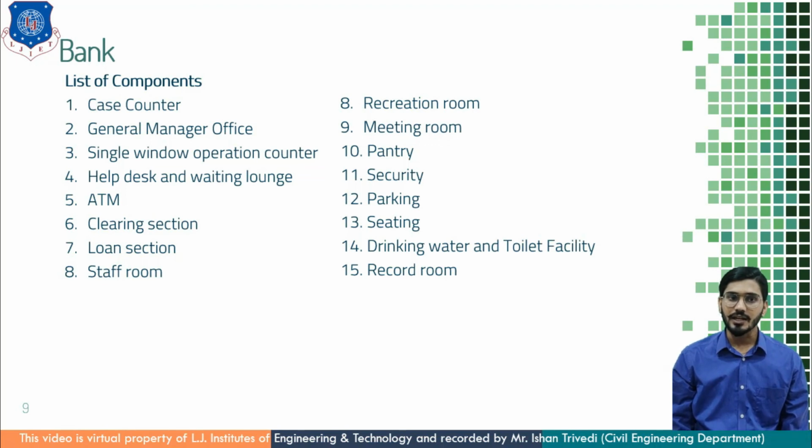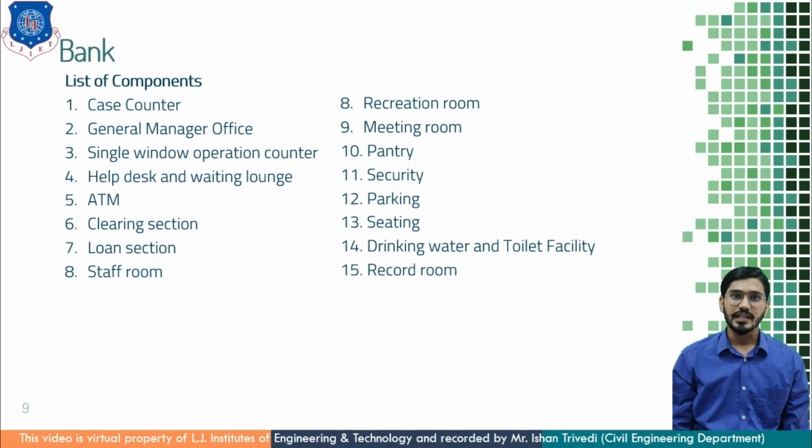First is cash counter, general manager office, single window, operating counter, where all the cash transactions and check facilities are done. These single window operations are 2 or 3 in number, or more than that. In these, one can give or take the money, even deposit and take out that money.